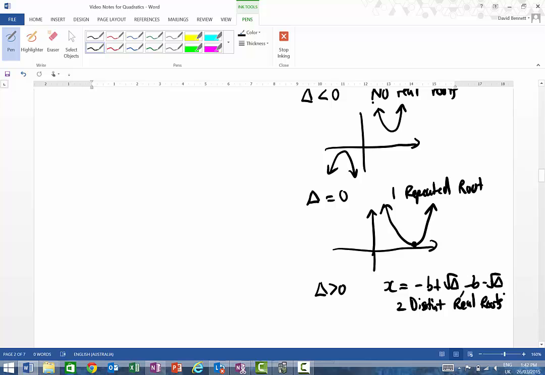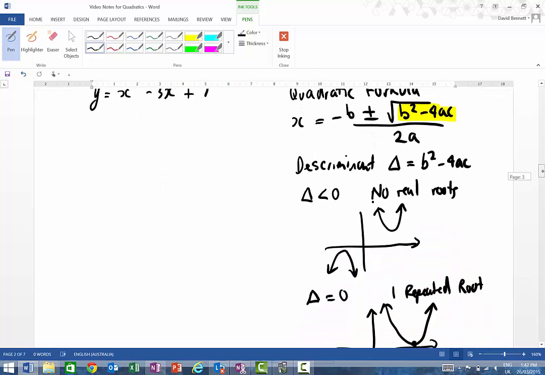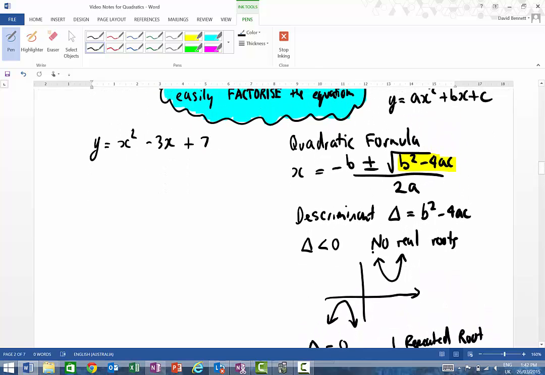So the first thing is, if you want to test before you do anything whether a quadratic has a real solution, which is what we're solving for now, the discriminant will tell you a little bit about what you've got. A trick here: a equals 1, b equals minus 3, c equals 7. So b squared, minus 3 squared, take 4 times a, which is 1, times c, which is 7.